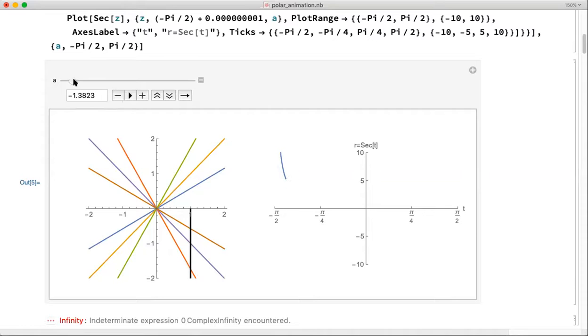So as theta starts getting closer to 0, here it comes, it just got to minus pi over 4. Does it make sense? The blue dot just passed the spoke minus pi over 4. So the radius there would be the secant of minus pi over 4. It's the length of the segment along that blue spoke.